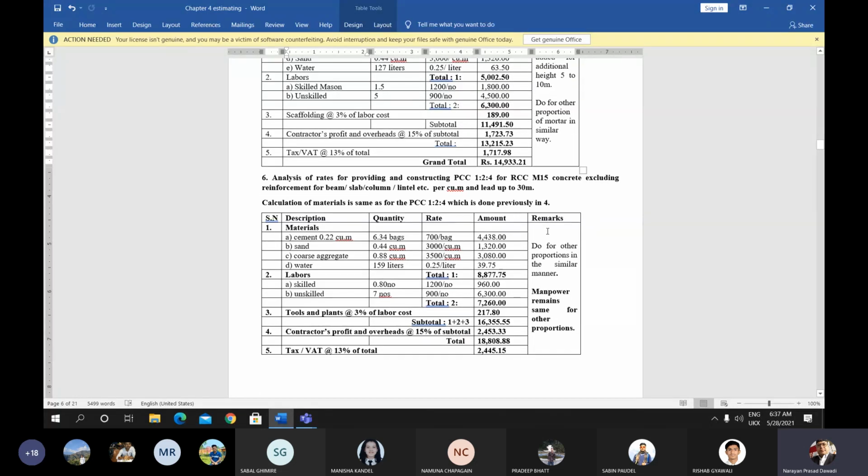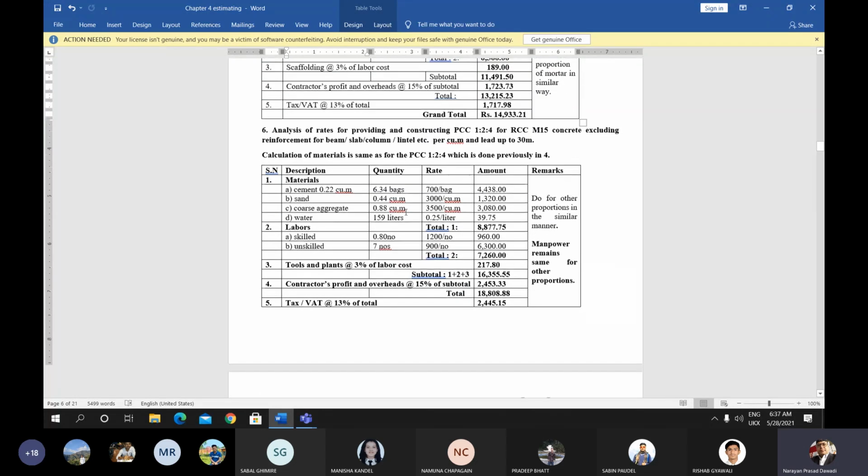This is the heading, and the labor skilled and unskilled are 0.8 and 7 number. For the RCC concrete or PCC for RCC, the number of unskilled manpower will be higher as compared to the PCC in foundation and the other structures, only the simple plain cement concrete.